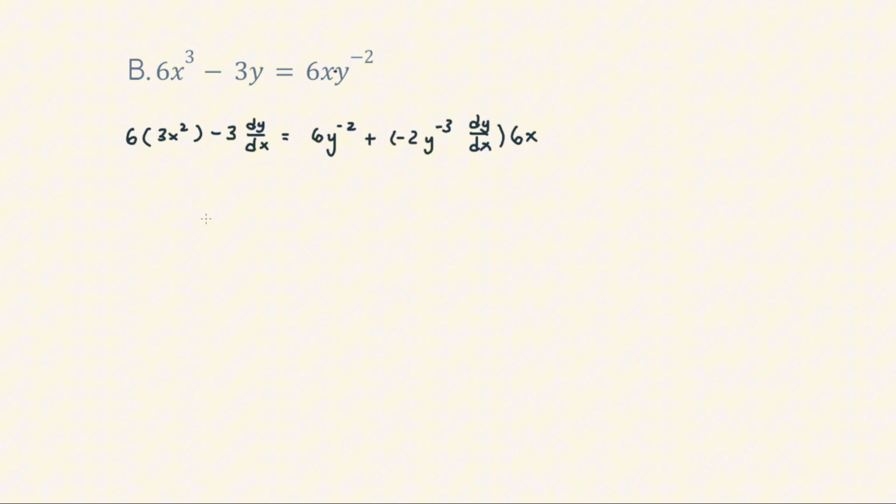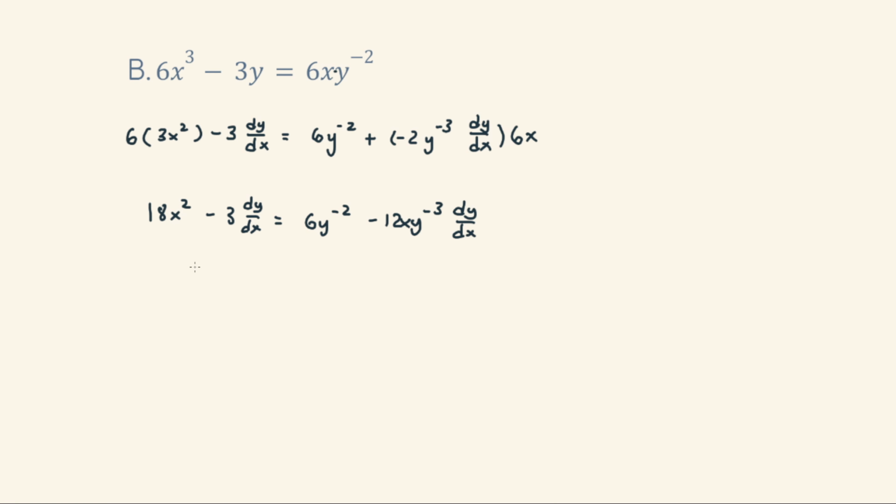So simplify this a little bit. You're going to get 18x squared minus 3 dy over dx is equal to 6y to the minus 2 minus 12y to the minus 3, I forgot x here, dy over dx.